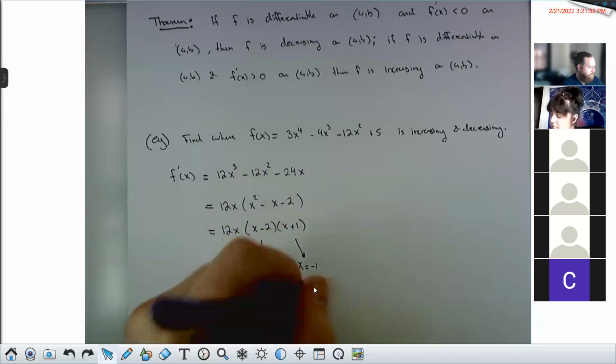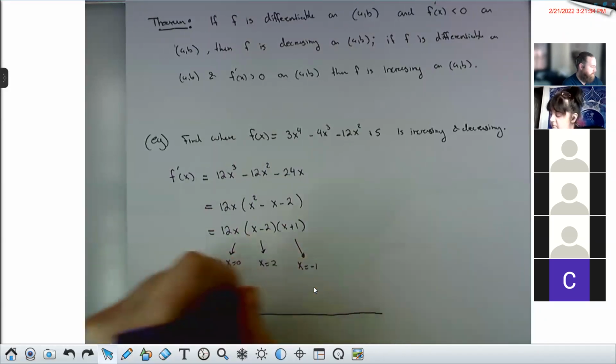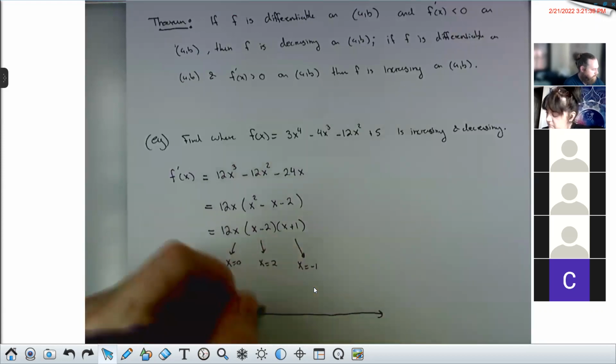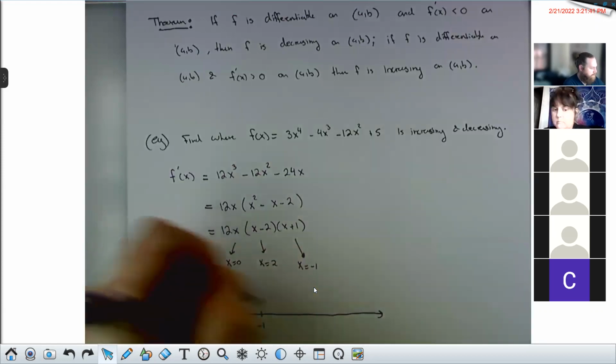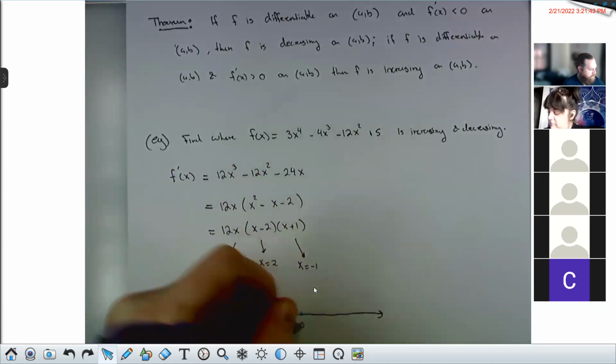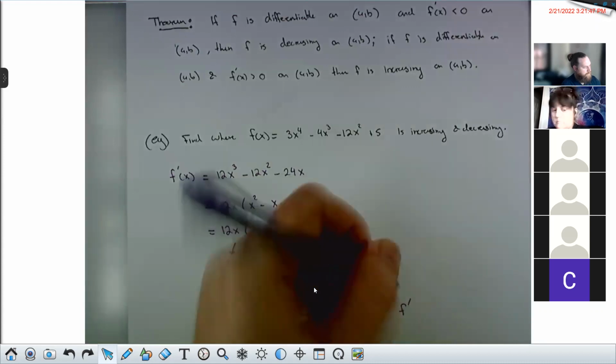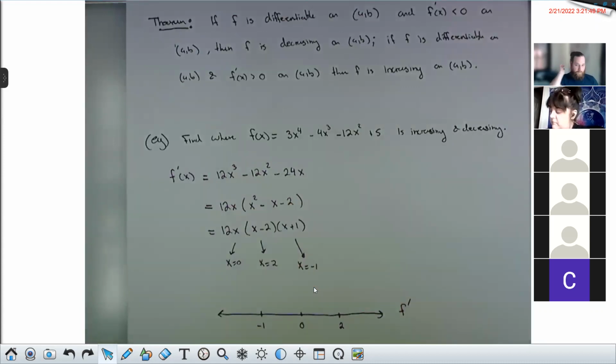I know we're getting a little bit past time here, so let me just briefly show you how to finish this. This would be -1, 0, and 2. This is a number line we're making for the sign of f prime.